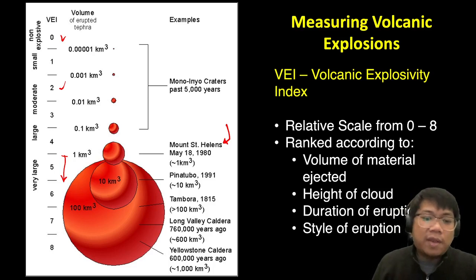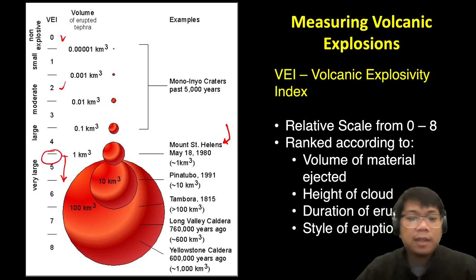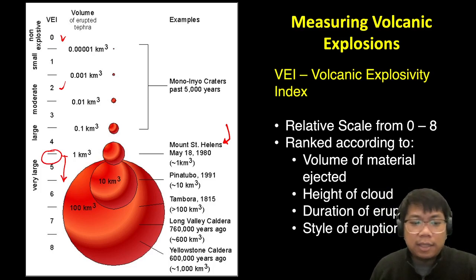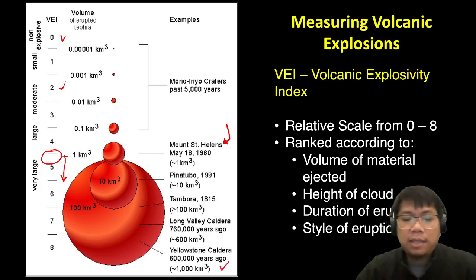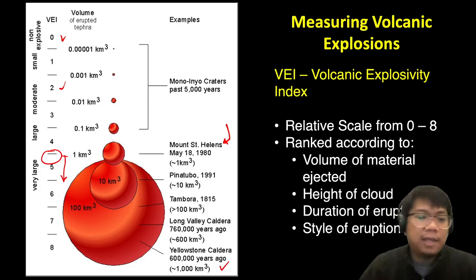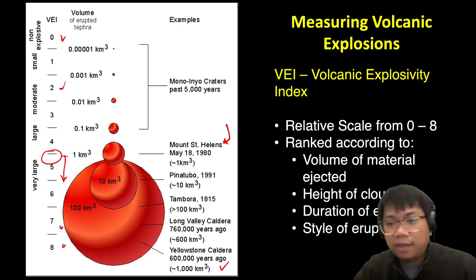That eruption sits at about 4.5 on the VEI scale. And here, look at Yellowstone. Ooh, Yellowstone, look at this. Yellowstone released almost up to 1,000 cubic kilometers, and it sits at about 7 to 8 on the VEI index.